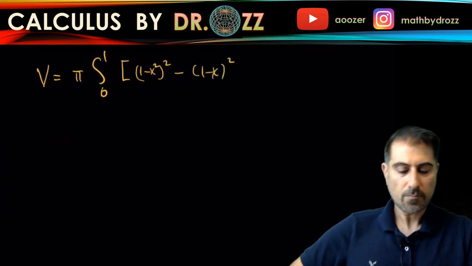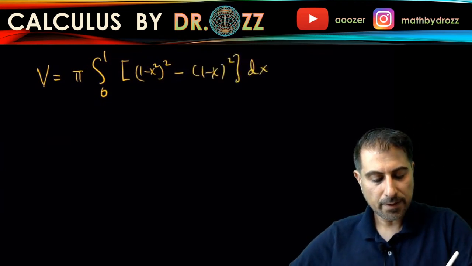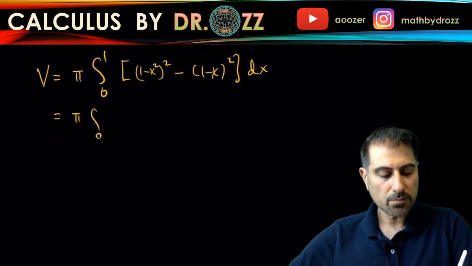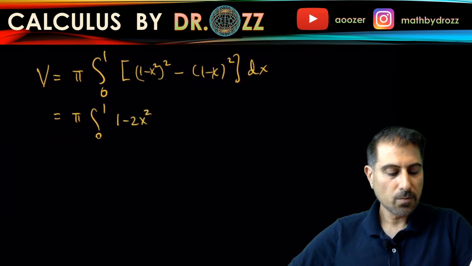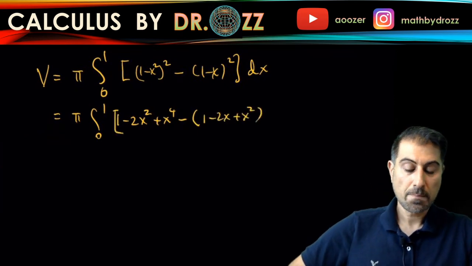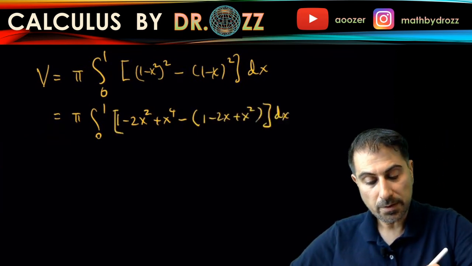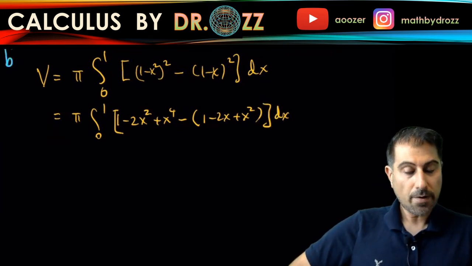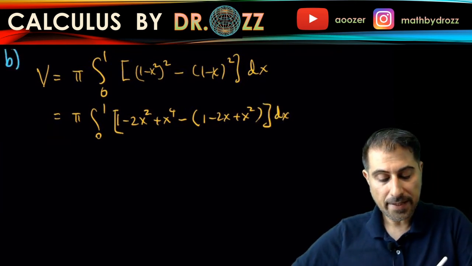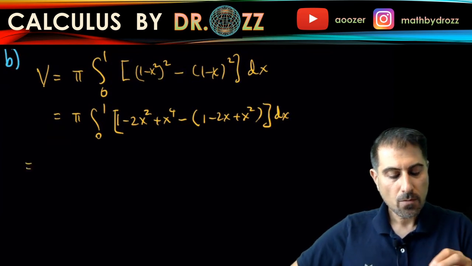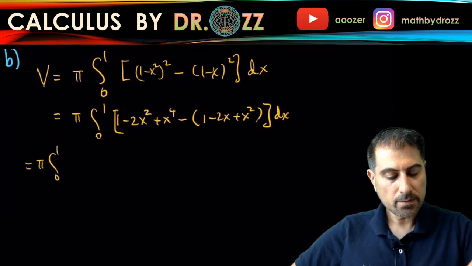Okay. So let's simplify this definite integral. 1 minus 2x squared plus x to the fourth, minus (1 minus 2x plus x squared) dx. Okay, this is, by the way, part B. All right, let's simplify this. Pi, and I go from 0 to 1. This 1 cancels this 1.